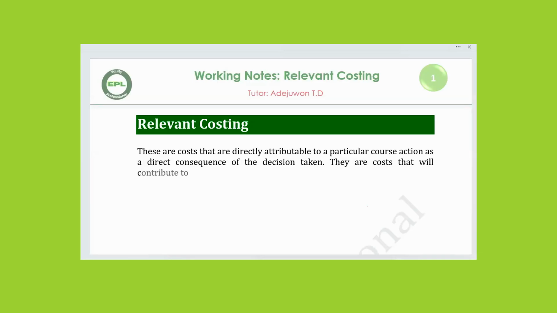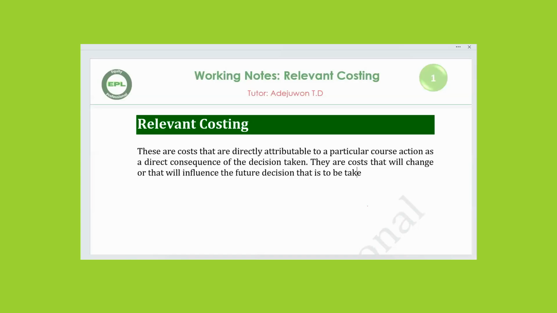They are costs that will change or that will influence the future decision that is to be taken.